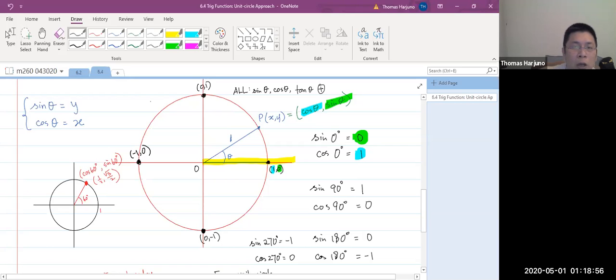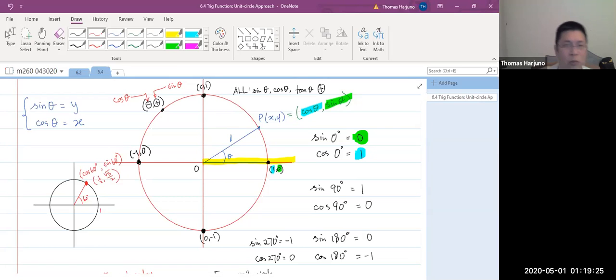Now, if you pick a point in quadrant 2, the x will be negative, the y will be positive, right? Now it means the sine will be positive, yet the cosine will be negative. Because sine is positive but cosine is negative, the tangent will be negative.